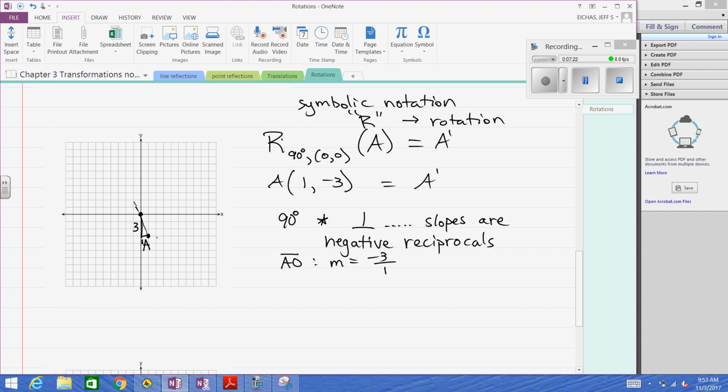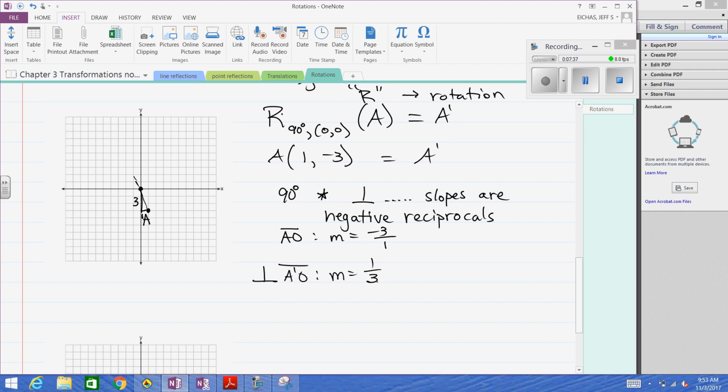That slope is down 3, right 1. Now, to get a perpendicular line, A prime to O, I'm going to use the slope of 1/3. Should be the same numbers. So you're going to rise 1, you're going to run 3, and I don't know if it's going to be that point or this point, okay?